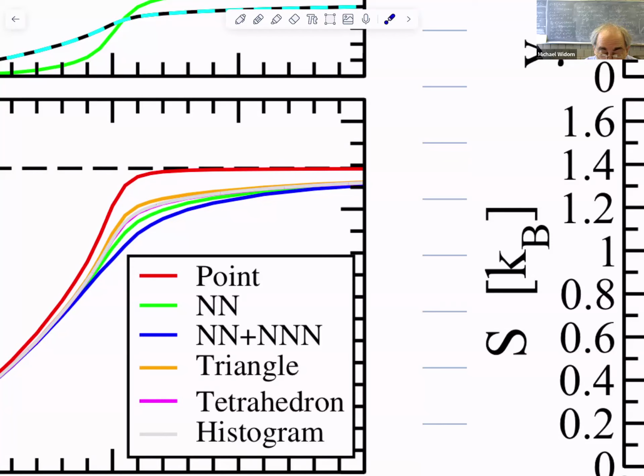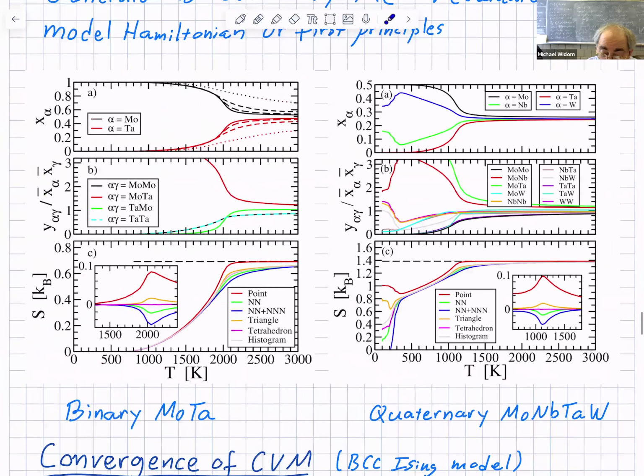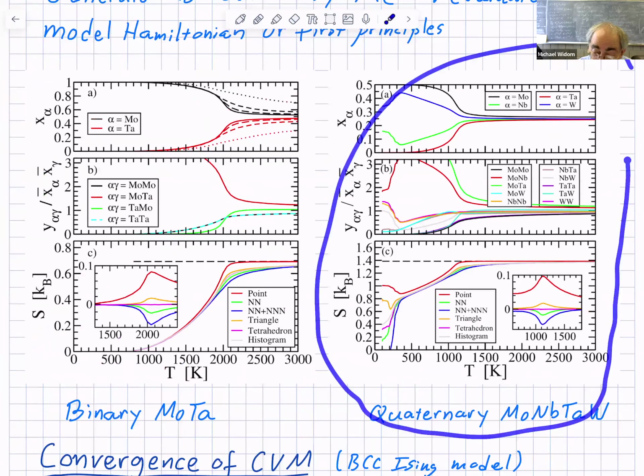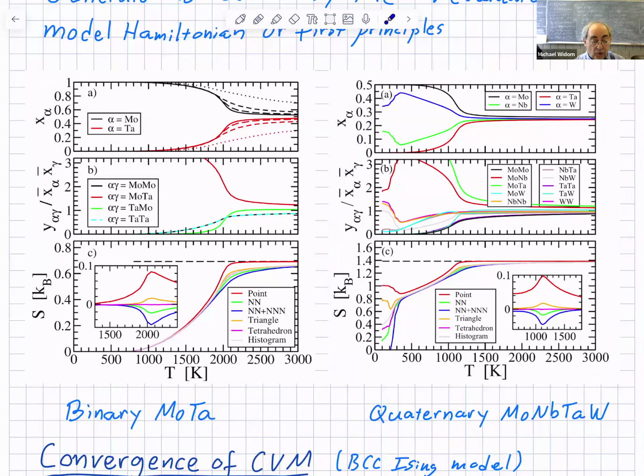So we see a kind of convergence where the next nearest neighbors underestimate the entropy, 3-point functions overestimate, and the 4-point function is essentially exact. That's for the binary. And over here, we see essentially the same thing for the quaternary.